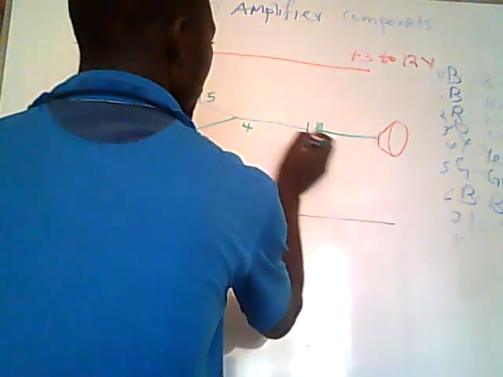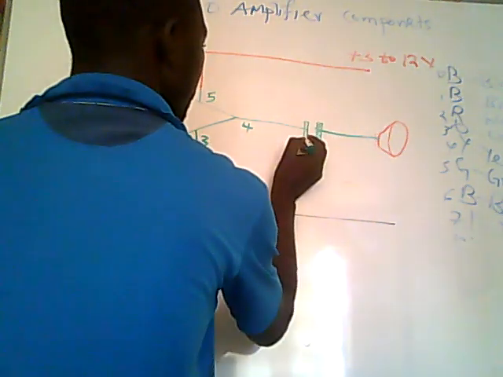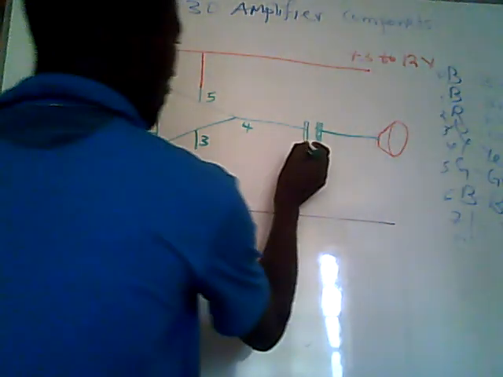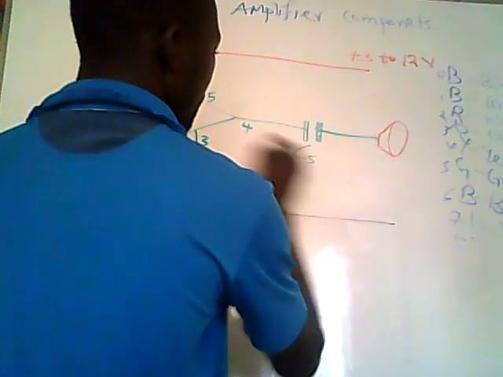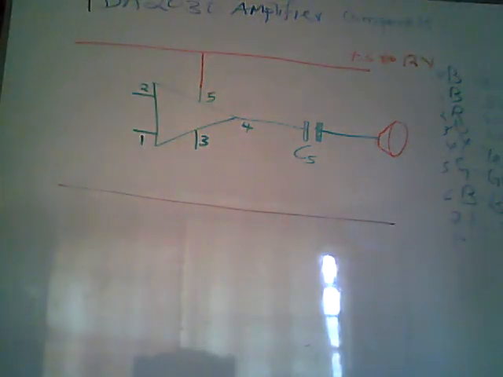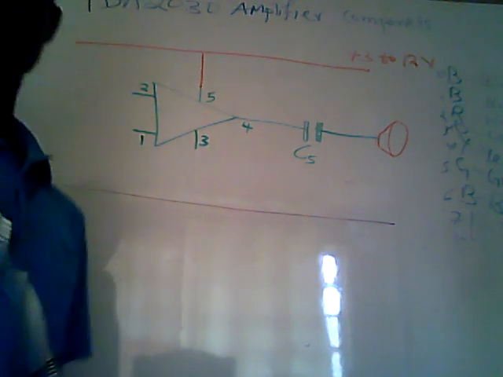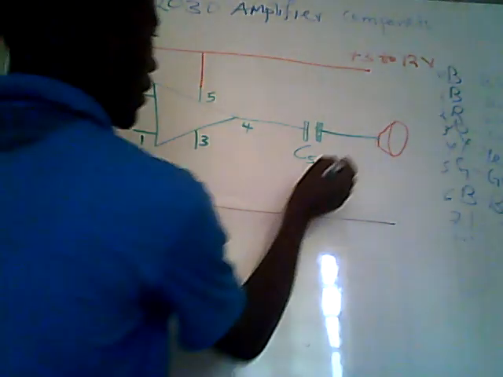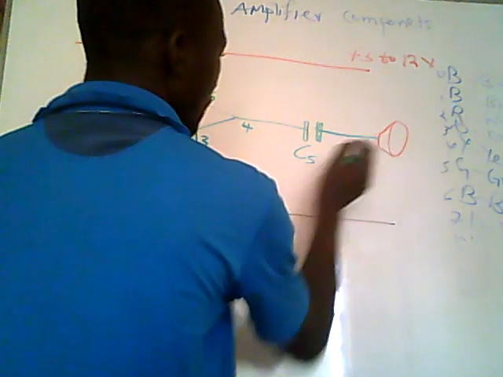So that pin again has the capacitor. That is capacitor number 5. We shall put capacitor 5 there. We said it is 2700 microfarad. That speaker is also grounded.